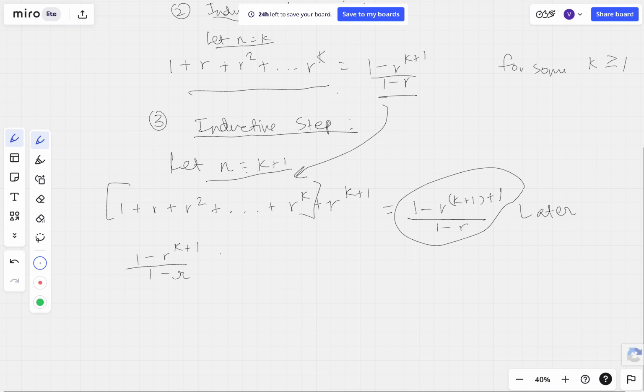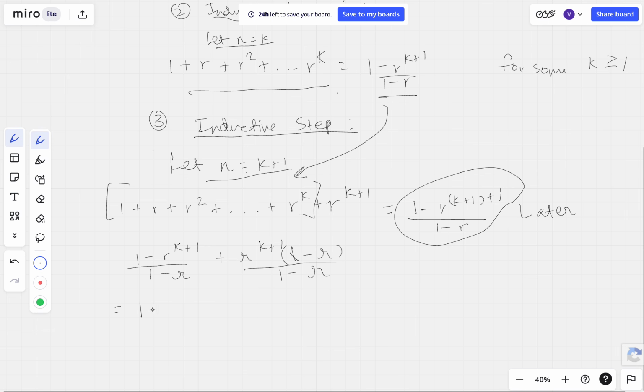And then you're going to add this with r to the power k plus 1. Now over here in the denominator, we have 1 minus r, and to further solve this equation, we have to multiply this with 1 minus r to make the same denominator.